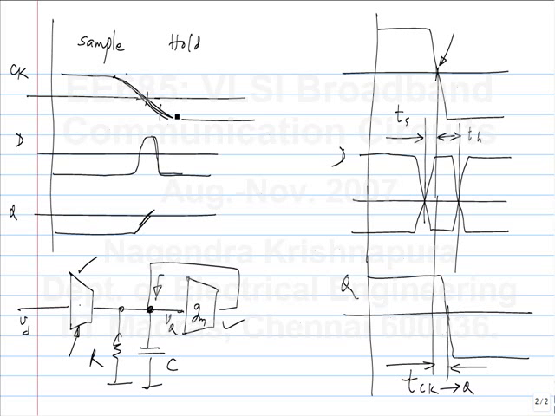But during this time the input differential pair is still active. So if the input is large and negative, this can take it to the other direction. It was supposed to regenerate from here and reach this value, but it will regenerate from somewhere else and reach the opposite value. So you need to hold the input constant for a period beyond the clock edge.